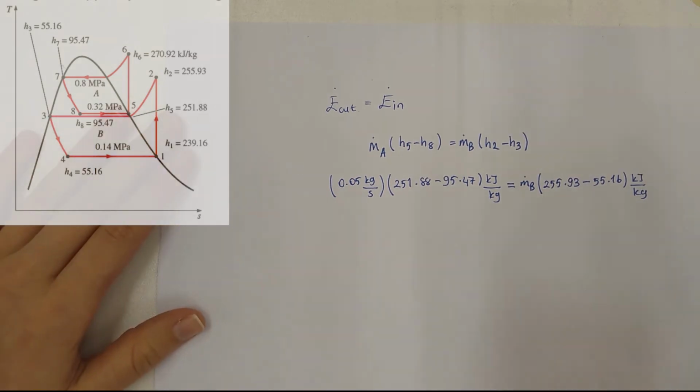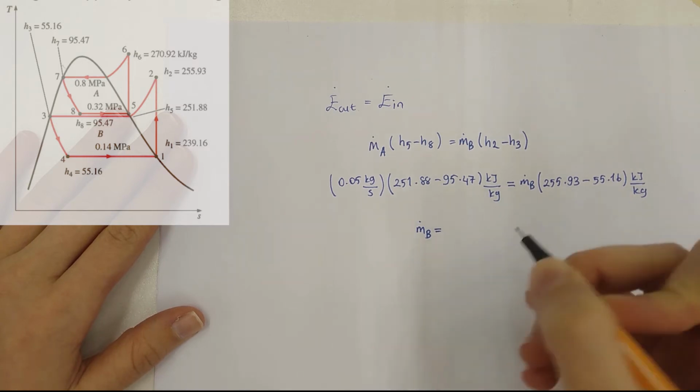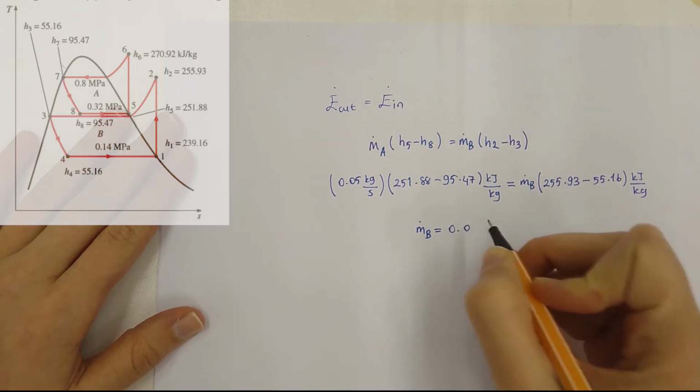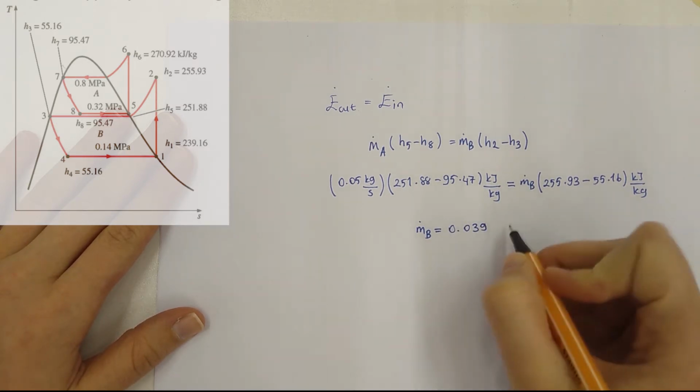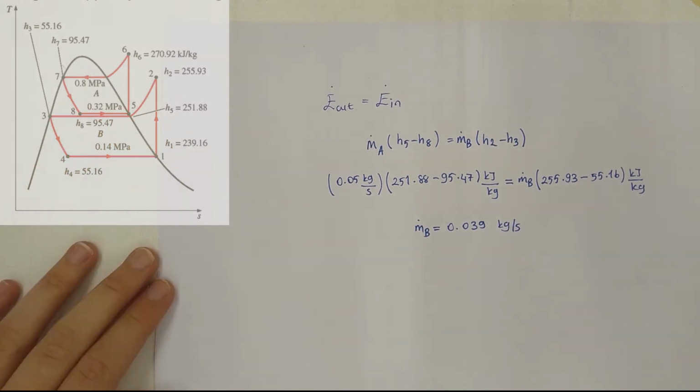From all of these calculations, we find the mass flow rate at point B equals 0.039 kilogram per second. This is our first step.